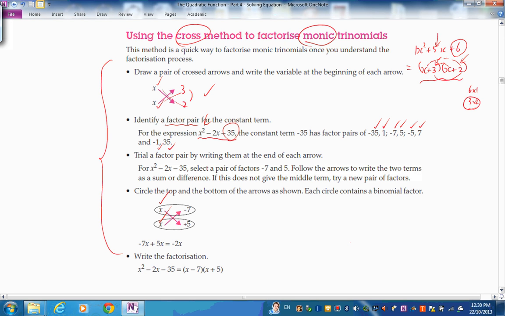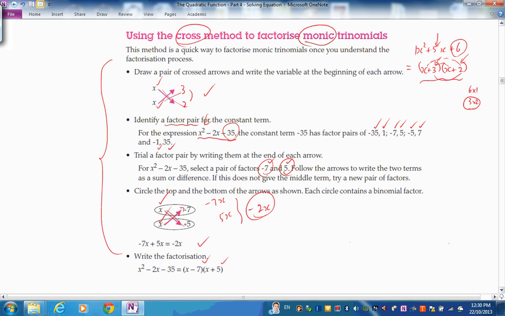You've got to do some multiplications in your head, some times tables here. Now if I use neg 7 and 5, can you see that when you add them up, x times neg 7 is neg 7x, x times 5 is 5x, so that's going to give me overall the x's neg 2x. So this is a little cross-method way of checking which pair to put in the brackets.